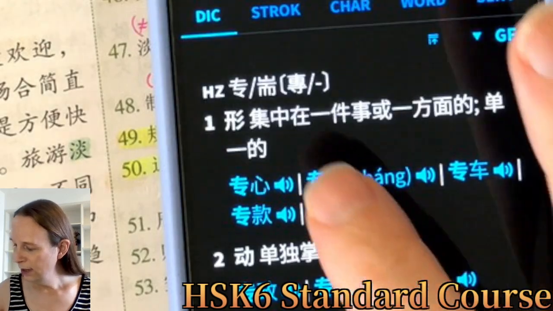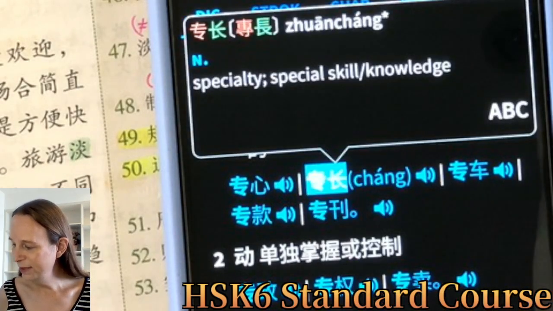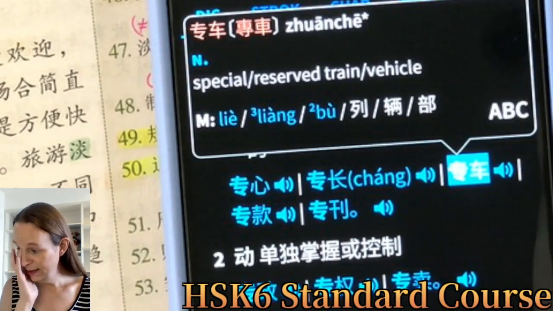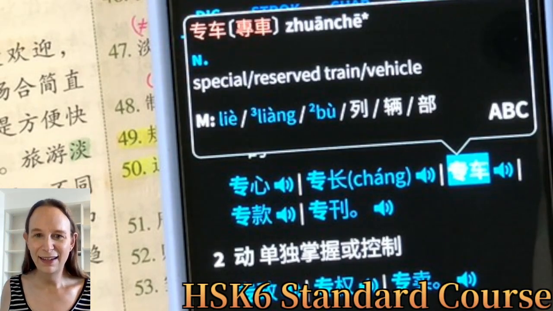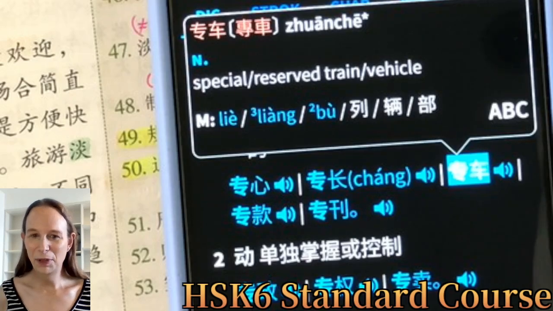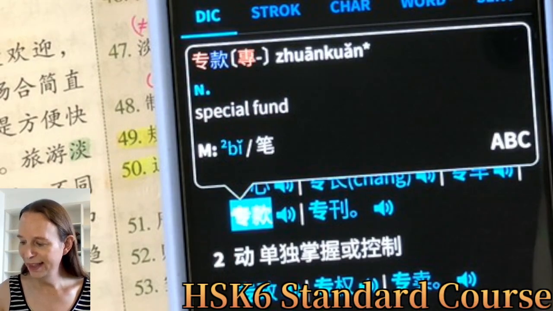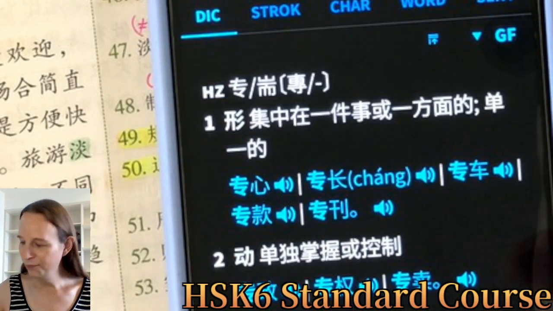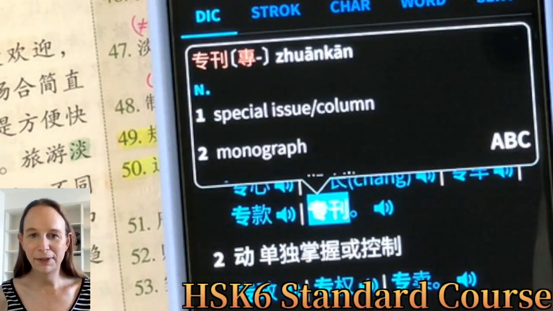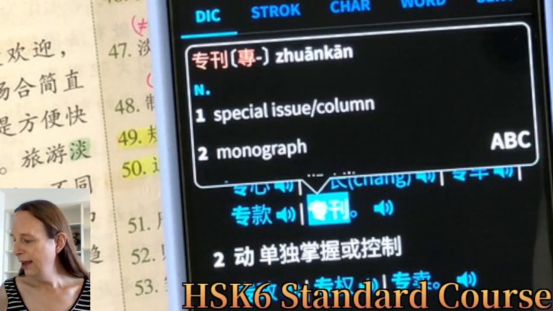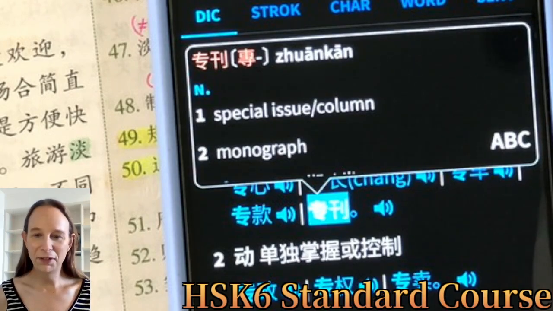专长, this one's a noun. 专戳, don't know this one. Oh, right, so this is like special purpose. 专款, probably the same thing, special purpose funds. 专刊, special issue. 刊 is 期刊, 刊登的刊. So a special issue, perhaps of a journal.